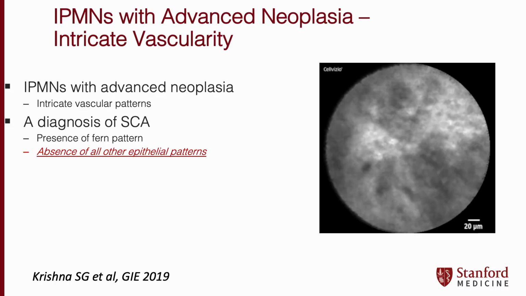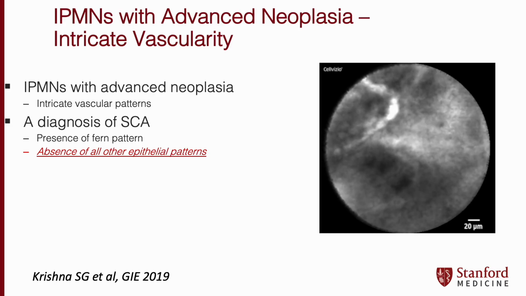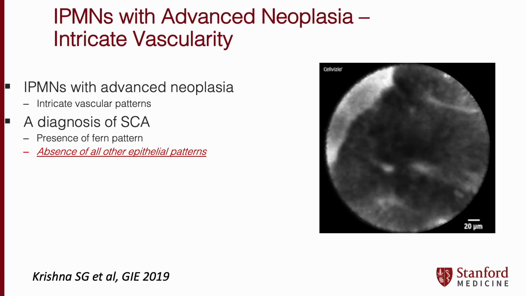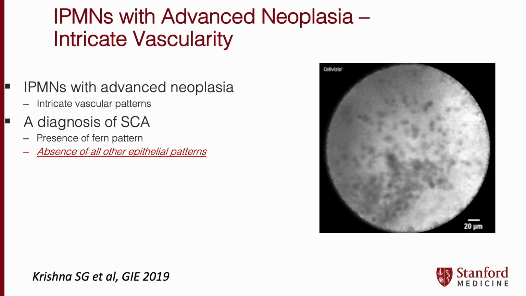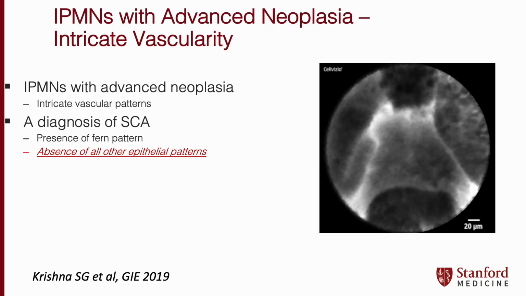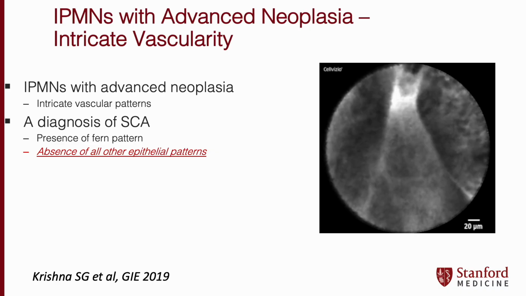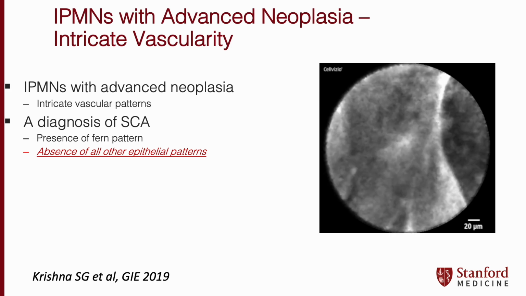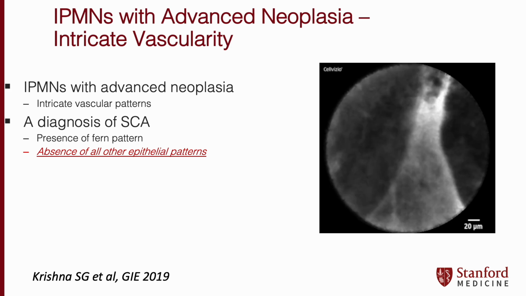With IPMNs that have advanced neoplasia, you might have very complex vasculature that looks like a serous cystadenoma. A lot of intersected vessels, dense vessels, but in the presence of epithelial cells and projected papillae, this is not a serous cystadenoma.